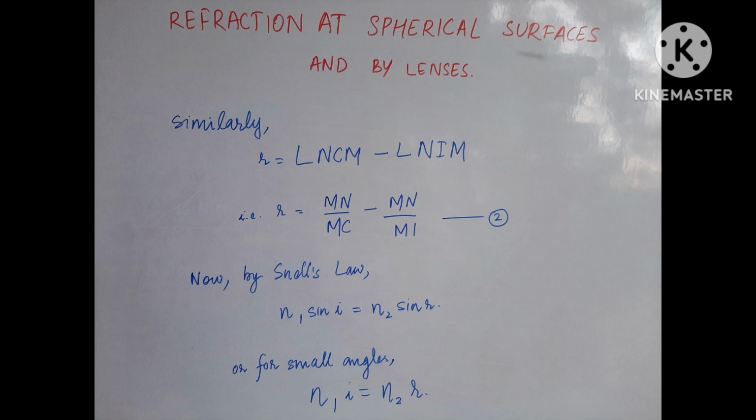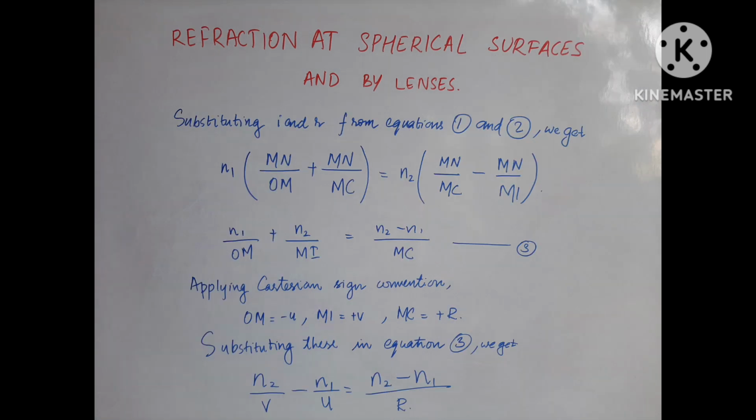Instead of i and r, we can substitute those values. What we get is n1 into (MN by OM plus MN by MC) is equal to n2 into (MN by MC minus MN by MI). MN is common on the left hand side and right hand side, so we can cancel it.